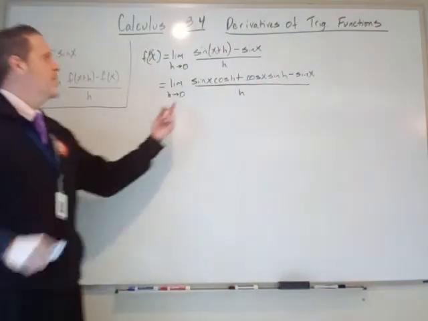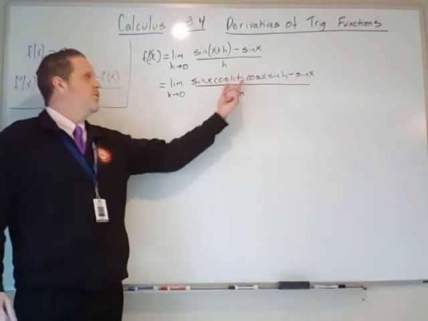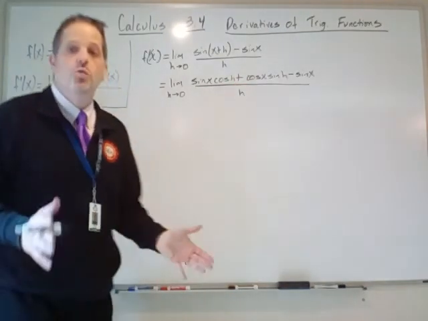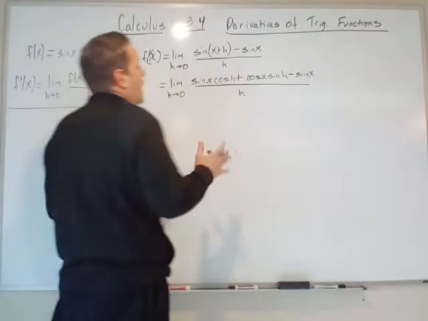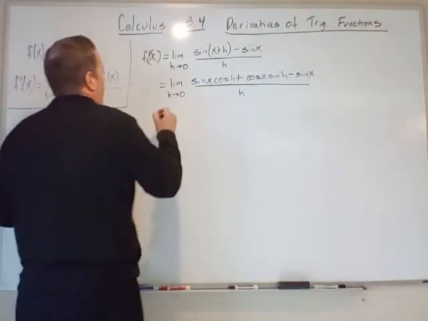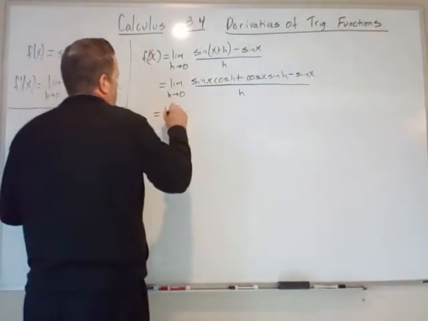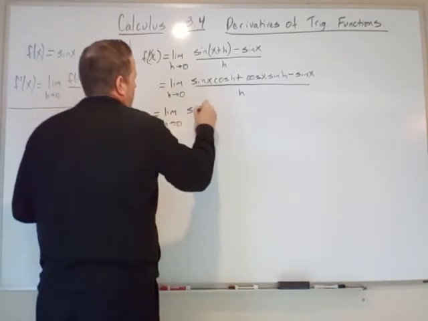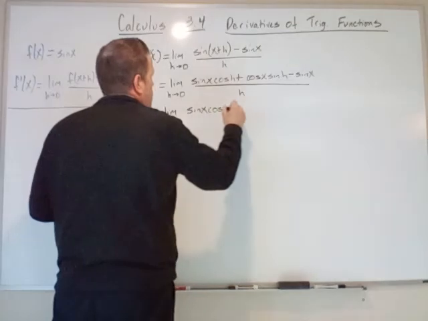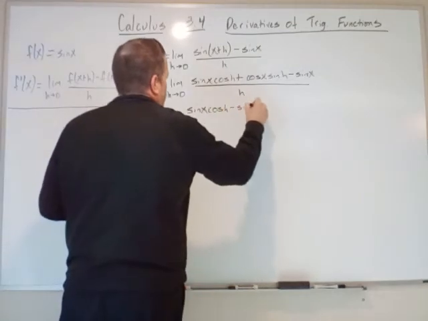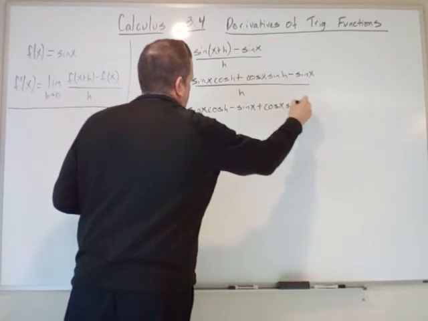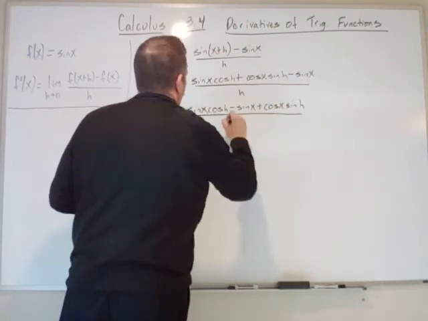Okay, so in our numerator we've got sine x cosine h plus cosine x sine h minus sine x. I'm going to rearrange that so that I can factor out a sine x, which means that I'm going to commute some terms in the numerator. So I have sine x cosine h minus sine x, plus cosine x sine h, all over h.